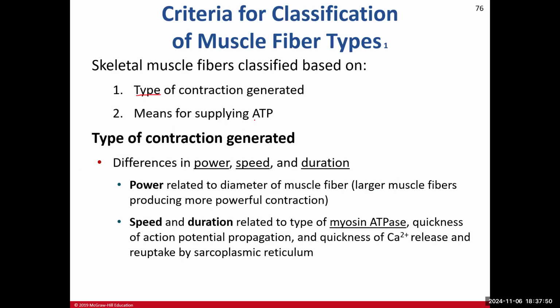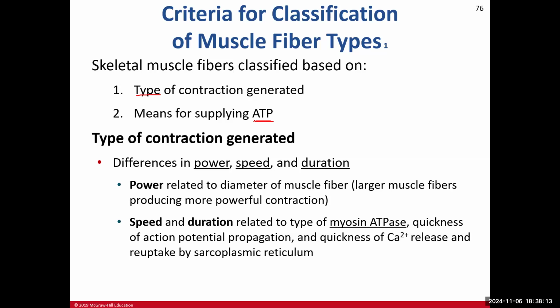And two, how does it get its ATP? When we talk about the contraction, we're going to look at three aspects of contraction: how powerful, how much force we can generate, how quickly we can generate that contraction, and for how long. So power, speed, and duration.